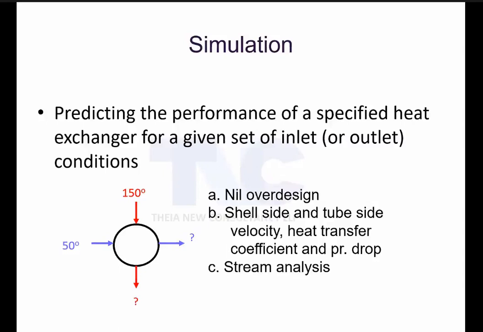So I know the inlet, but I don't know the outlet condition. The geometry is fixed. You are saying that this exchanger is available. Now, can I use this exchanger for some other plant? So the geometry is fixed and you are using it to find out, with this geometry and this inlet temperature, what will be my outlet temperature of the hot fluid and what will be the outlet temperature of the cold fluid.